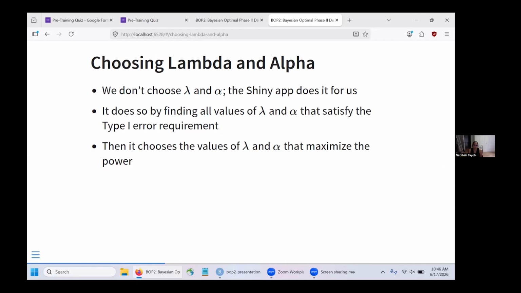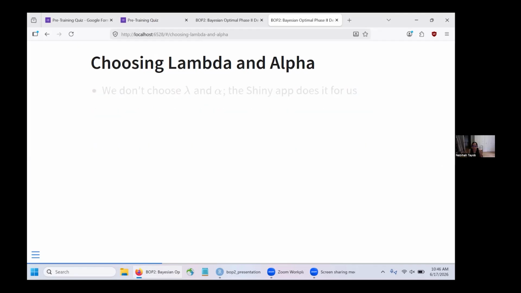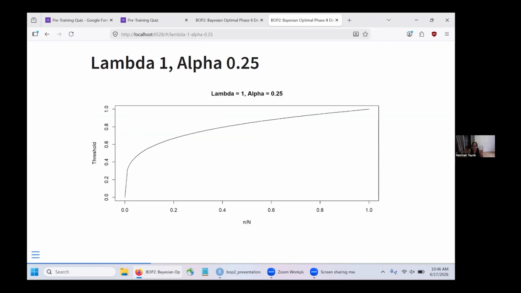Jono, I had a question about the plots you showed us. Your threshold is your threshold for your probability. Yes. So it's greater than 1 in the last one.